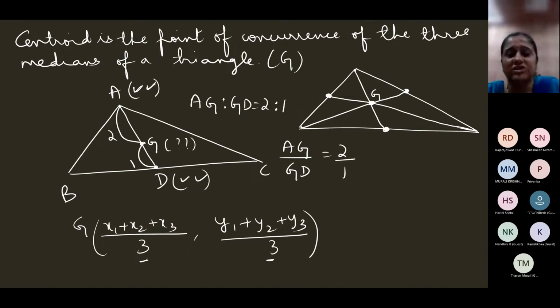X coordinate of G is x1 plus x2 plus x3 by 3. Y coordinate of G is y1 plus y2 plus y3 by 3. If you want to write something down, please write it down.